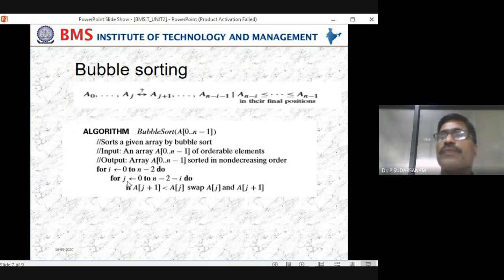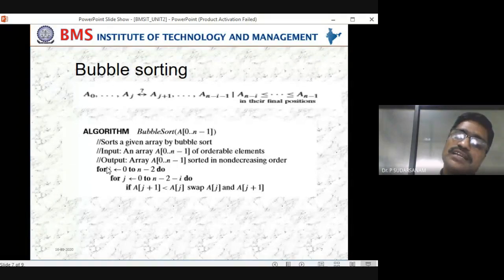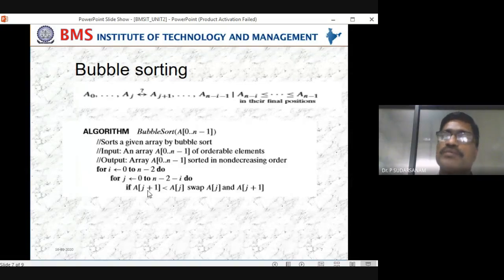Now the j loop you are doing within this one loop. In the previous algorithm, A of i and A of j comparisons were done with respect to the minimum element. Now, with respect to the same loop, you are doing A of j plus 1 less than A of j.